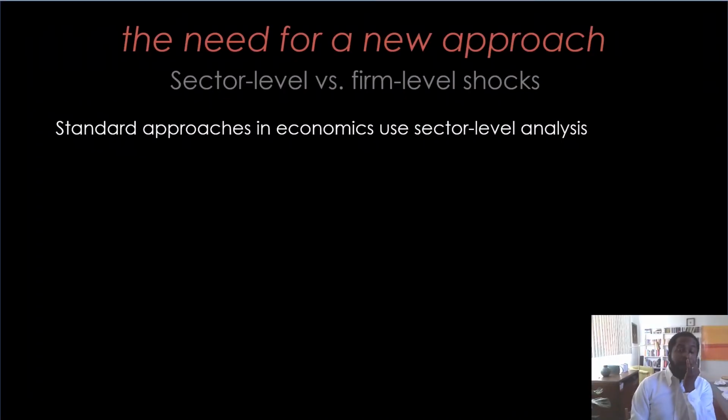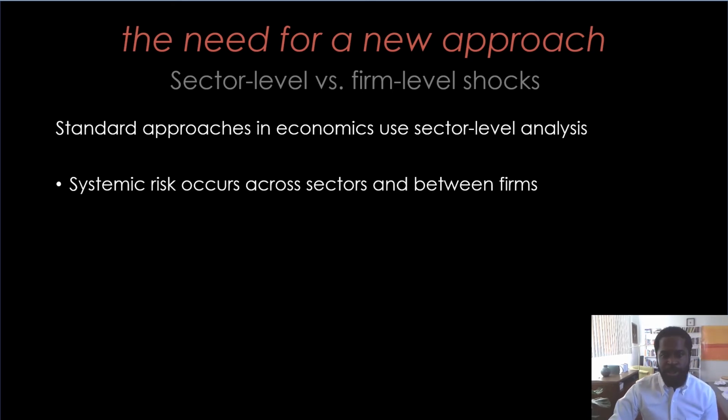But our first understanding when we looked at these different studies was that there's a need for a new approach, because while sector level analysis is great and is the standard approach that many in economics use to understand how shocks might aggregate, outside of Japan, where the firm level data exists, it's very hard to do this type of analysis.